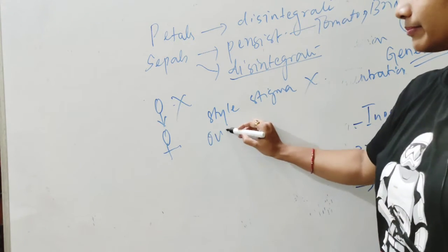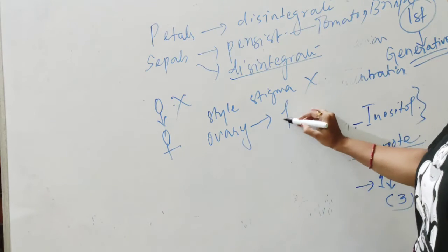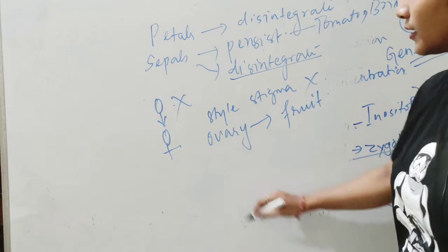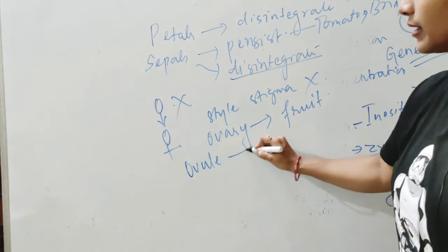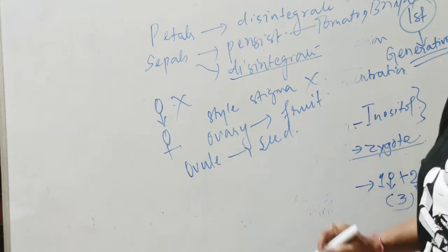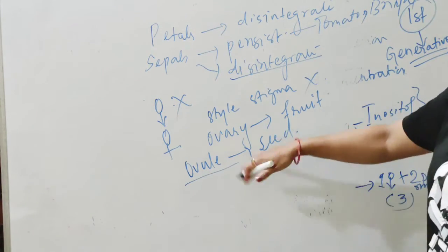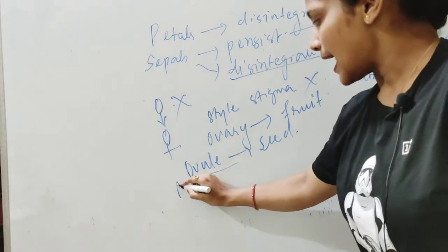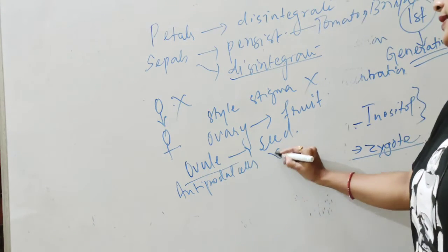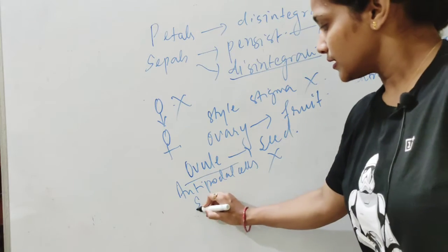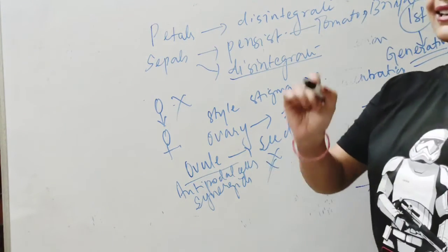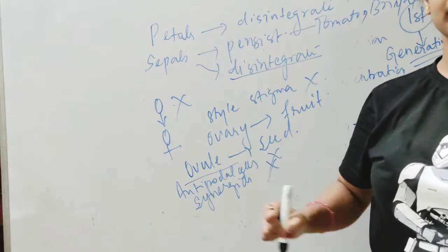Talking about the ovary, ovary becomes the fruit, ovule becomes the seed of the fruit. Now inside the ovule there were some more structures, antipodal cells. The antipodal cells, they also disintegrated. Synergids, they disintegrated at the time the pollen tube had already formed.